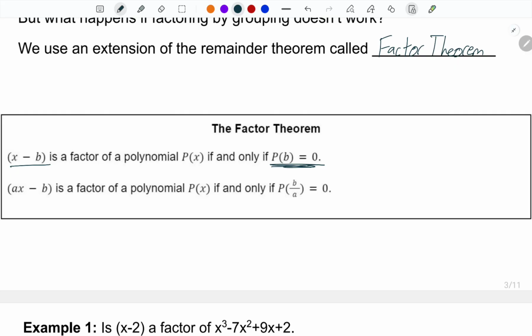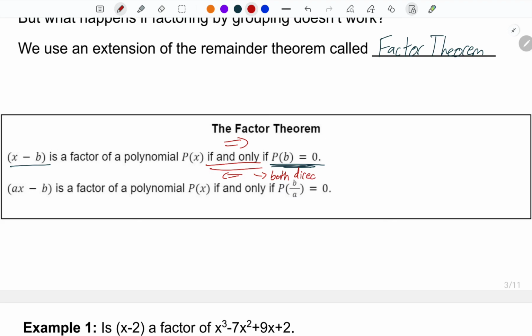The remainder theorem says plug in the root into the polynomial and it will equal 0. And this is an if and only if, which means it goes in both directions, to the right and also to the left.